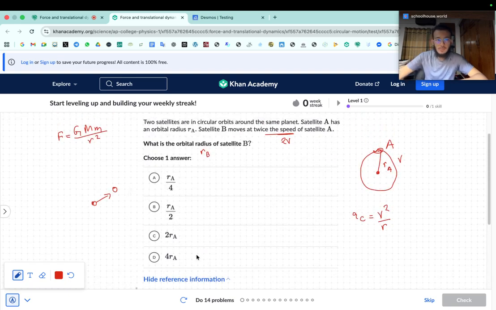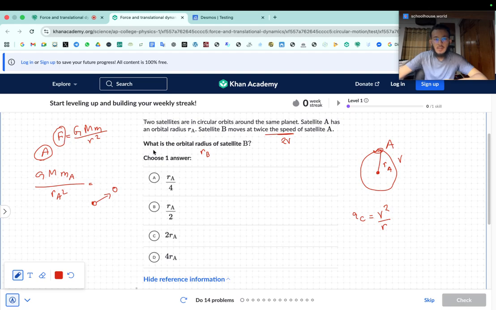And so let's say we do this for satellite A. So for satellite A, GM times m of A divided by r of A squared equals, so this gravitational force provides the centripetal force in this case.